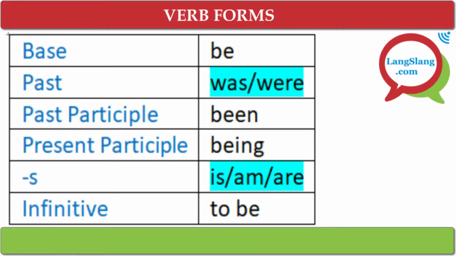Its ing form is being, that is fine, but the special part comes in the S form or the present form or the third person singular form. It has 3 forms here: am, is, are. And the last form is to be.